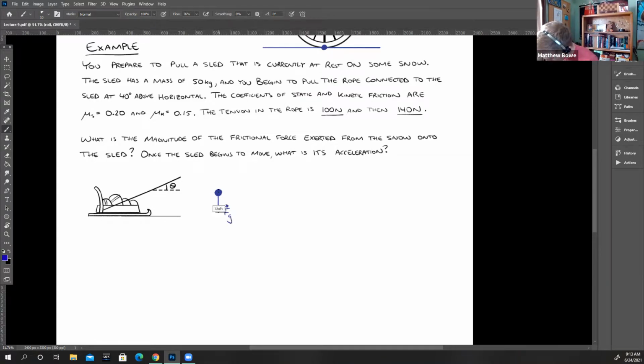We know there's a normal force supplied by the ground. We know that there is some kind of friction opposing the motion this way. And we know that we are pulling it at an angle above horizontal. So that's this theta right here.